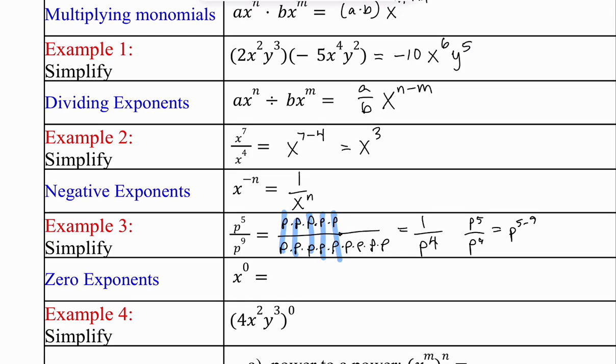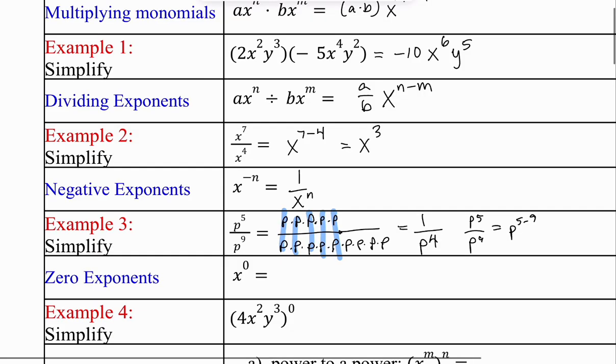So 5 minus 9, which gives us an answer of p to the -4, which when we combine with this one, negative exponents need to be flipped. And so we will get 1 over p to the 4. So either one should get us to a final answer of 1 over p to the 4th.